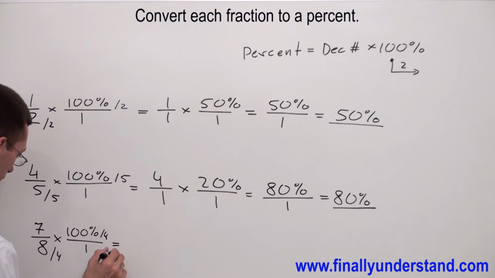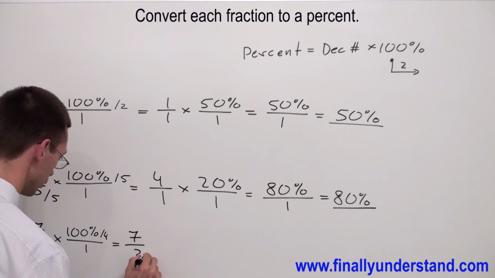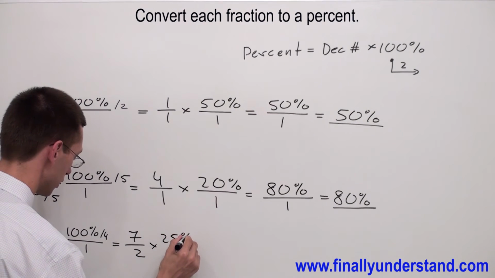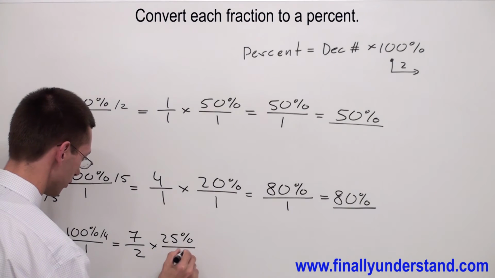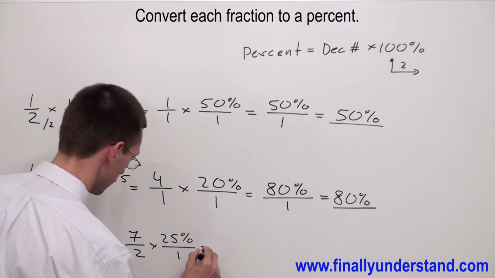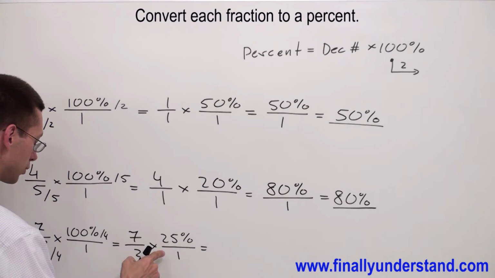So I'm going to have 7 over 2 times 25% over 1. I cannot reduce anything else at this moment, so simply I'm going to multiply numerator by numerator and denominator by the denominator.